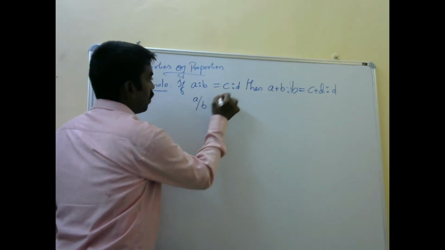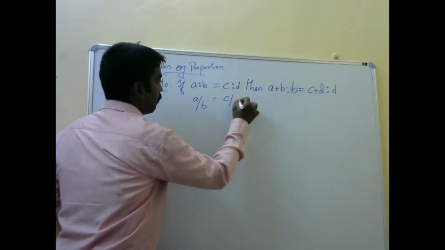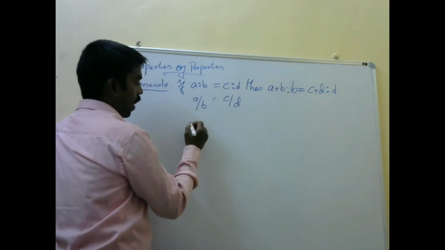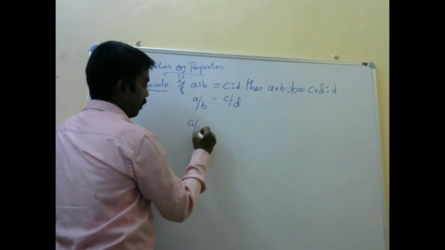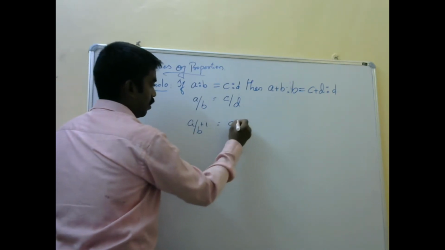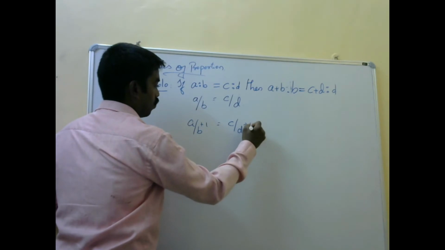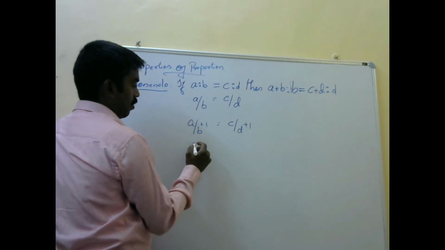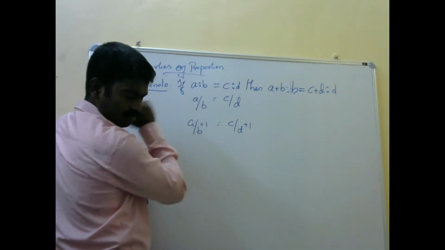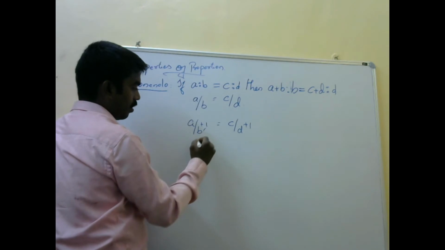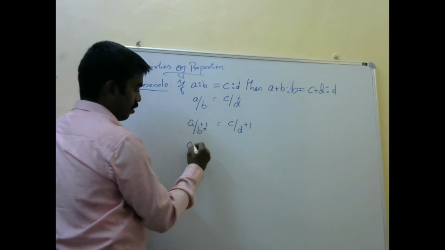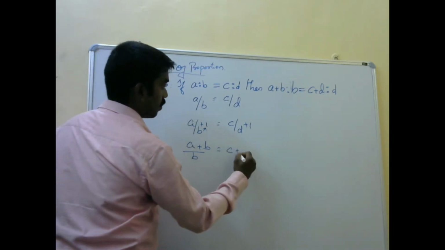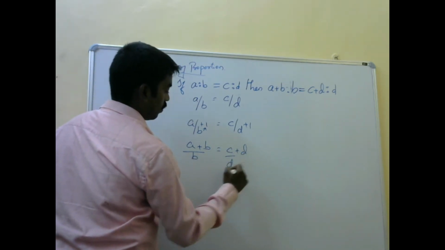You will write A by B, and C is to D, you will write C by D. In this you add plus 1: A by B plus 1, C by D plus 1. And you cross product, A plus B, you will get C plus D.